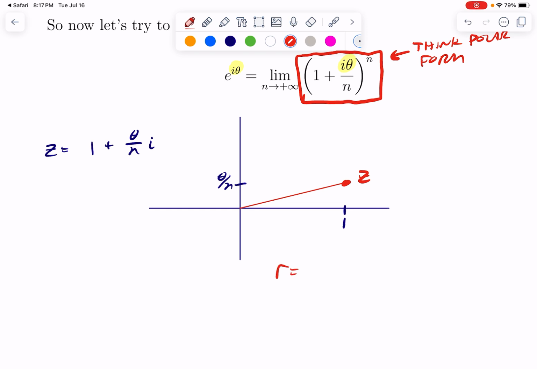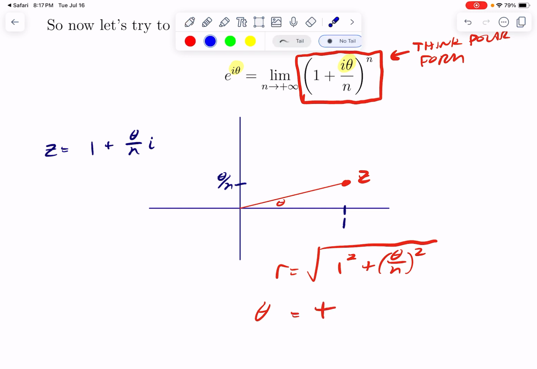To find r, we know that's basically the Pythagorean theorem, so the square root of 1 squared plus theta over n squared. And to find the angle, assuming we're in the first quadrant, which is a reasonable assumption right now, that's the inverse tangent of theta over n. Theta over n is measuring this distance, 1 is measuring that distance.